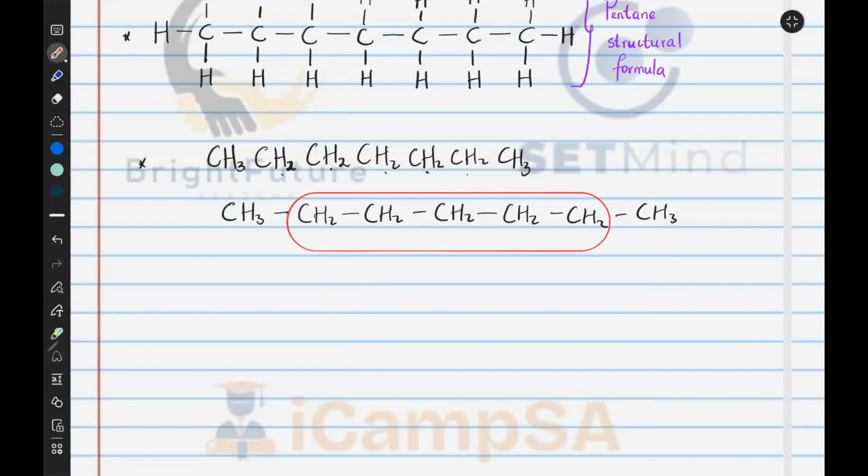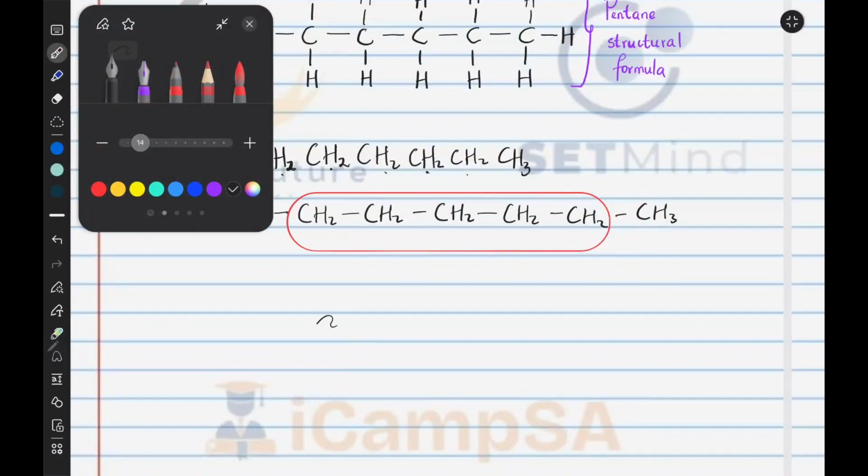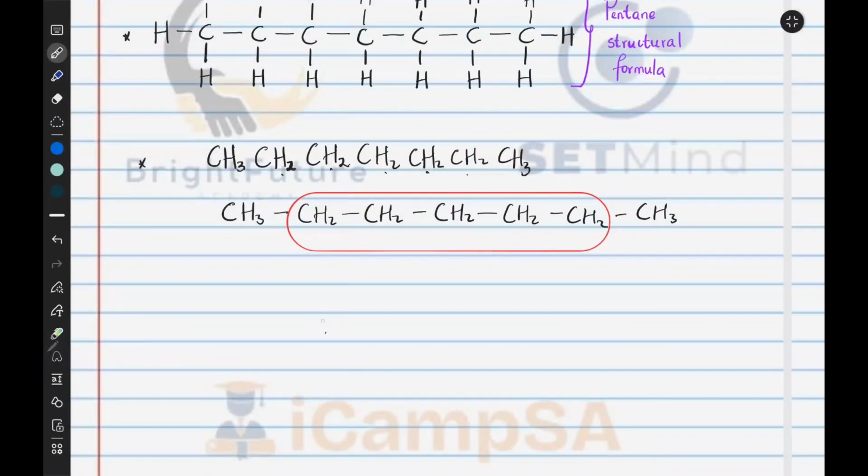We know that the first and last carbon atoms will each have 3 hydrogen atoms. What repeats is in between these two, which is CH2.